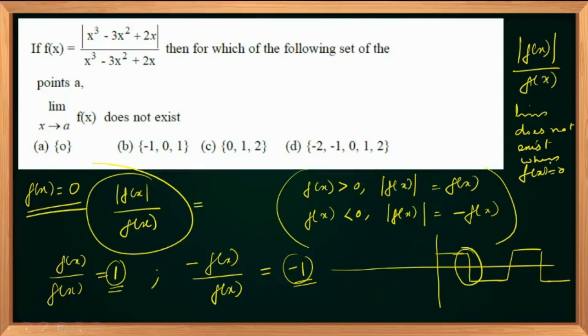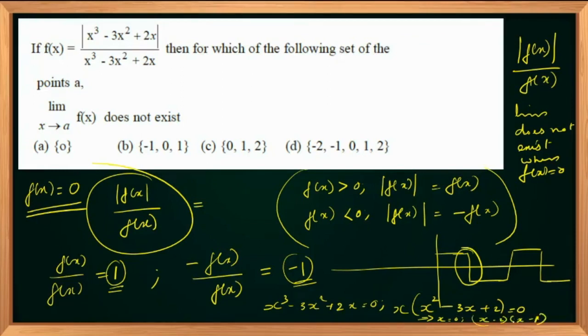So I will check now what is going to be the result. See, we have x cube minus 3x square plus 2x equal to 0. Now I can take out x, which means x into x square minus 3x plus 2 equal to 0. So this implies either x is equal to 0, or this can be factorized as x minus 2 into x minus 1, right?